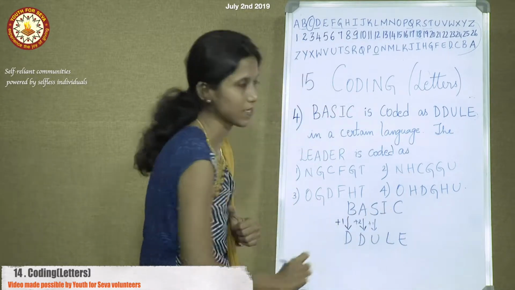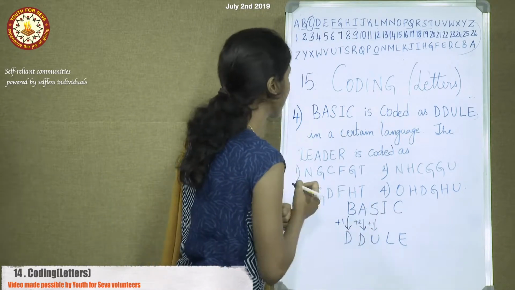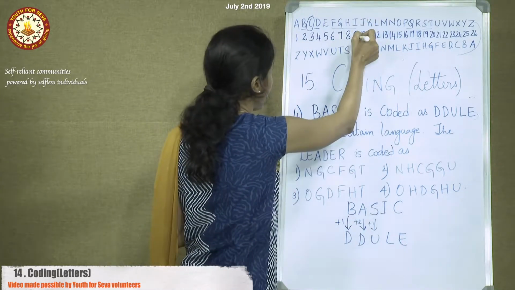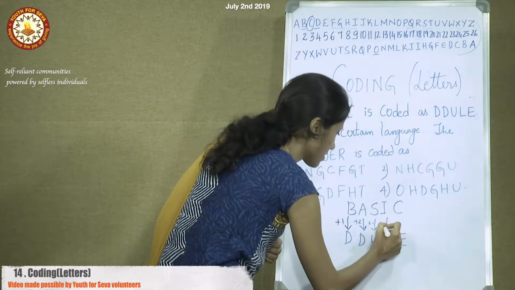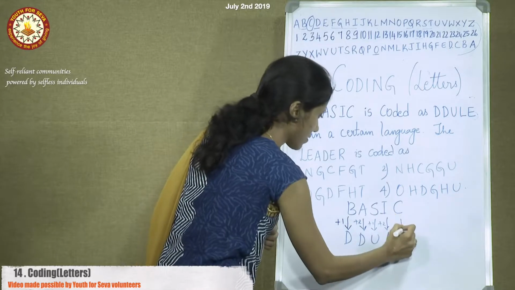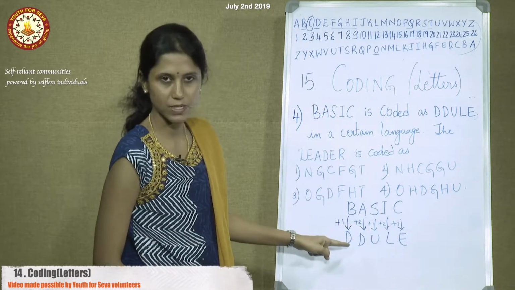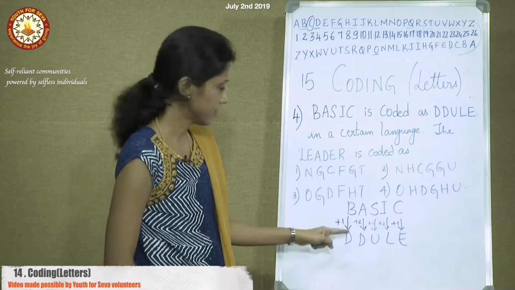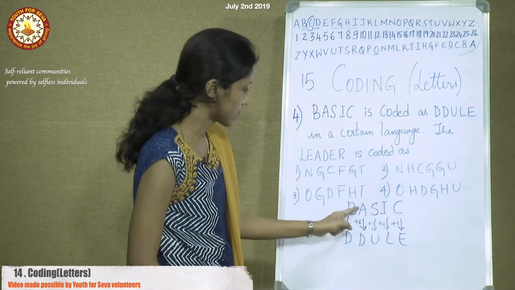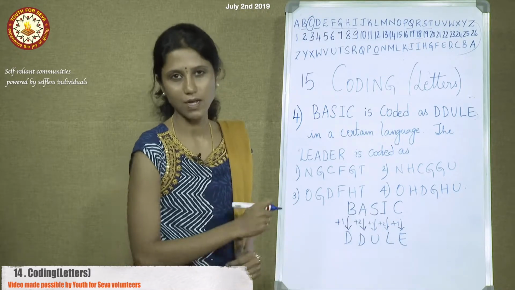So let me complete and check out whether some pattern is there or not. I and L, 1, 2. Okay, it's following one pattern. C and E, so one letter. You can just observe B, one letter is kept to get the first coded letter, and A, 2. +1 +2 +1 +2. So it is following a pattern while coding.